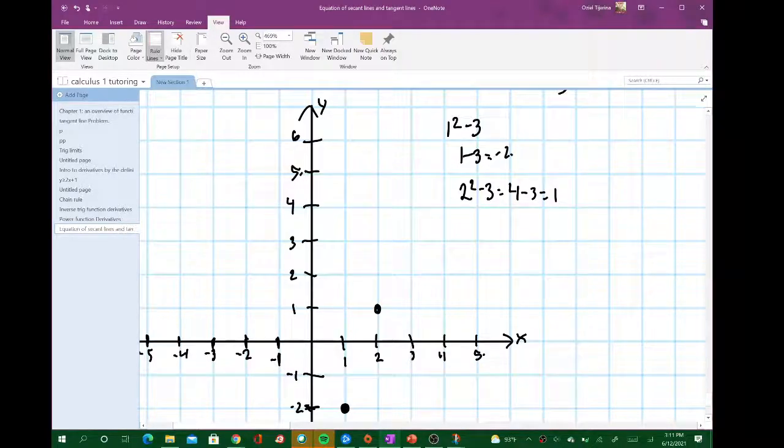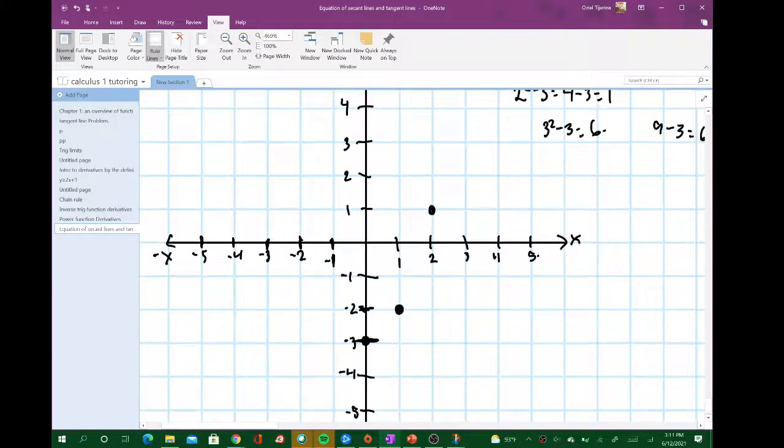And if we do 3 squared minus 3 at x equals 3, that's 9 minus 3, and it's 6. So it's like this.